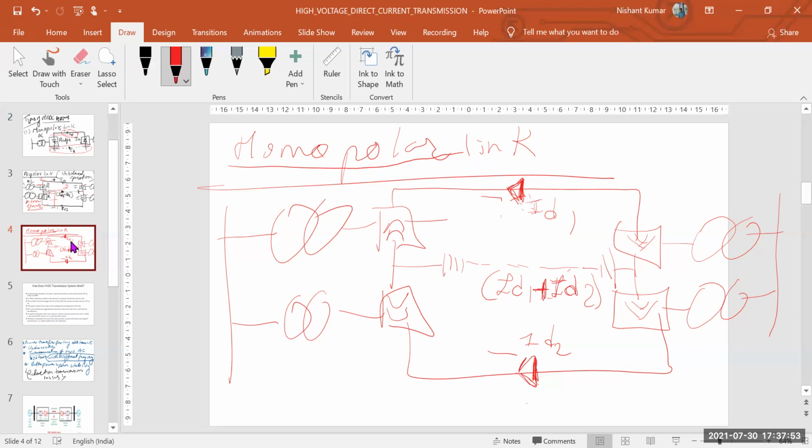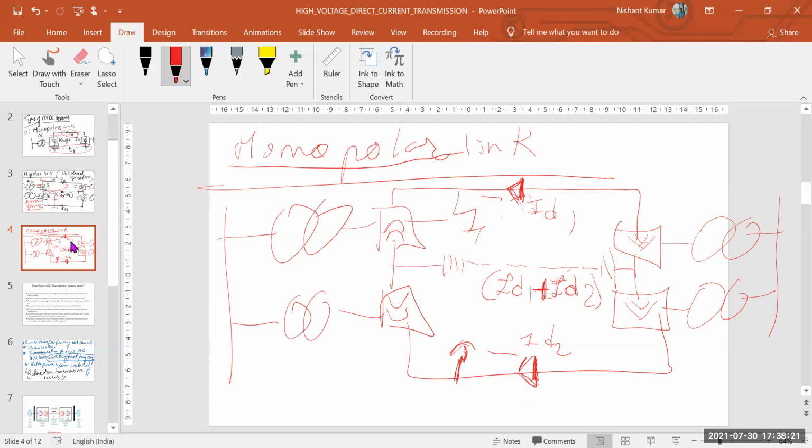So in this, if there is a fault in any of the conductors, we could use this network, where in bipolar we have seen that only half of the power can be used, but in this more than half of the power can be utilized.